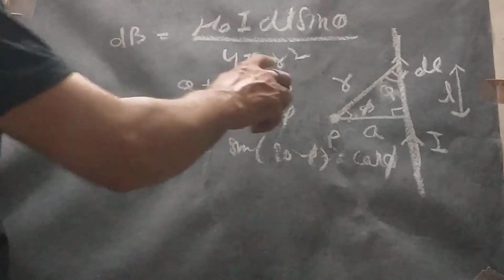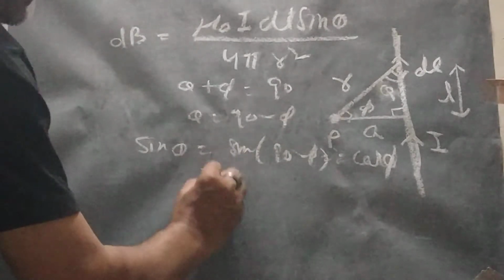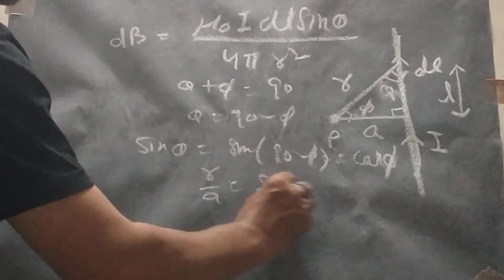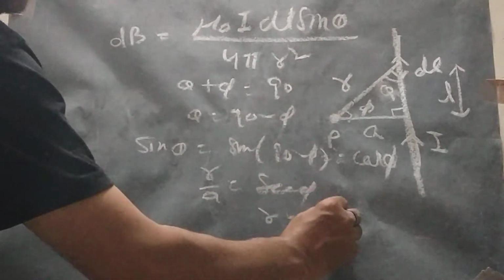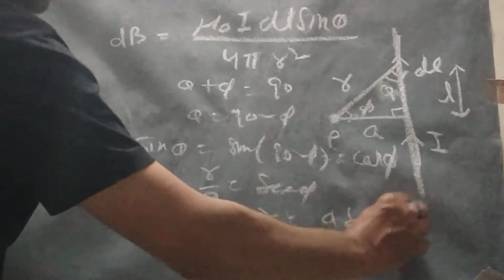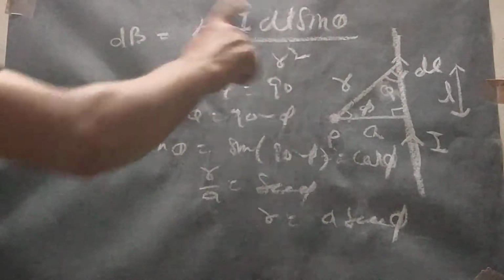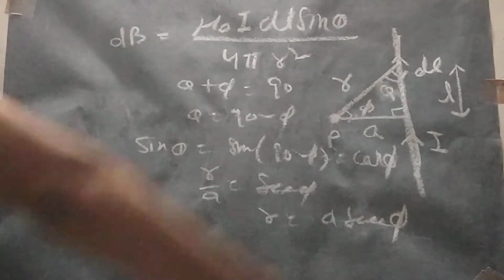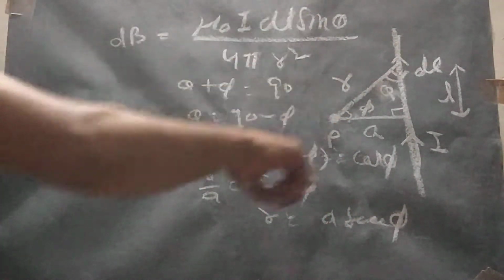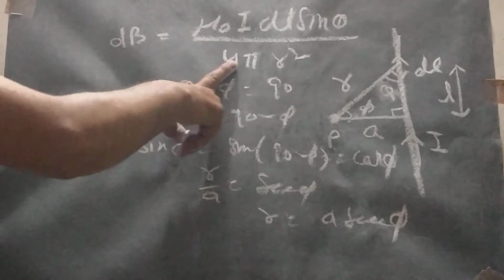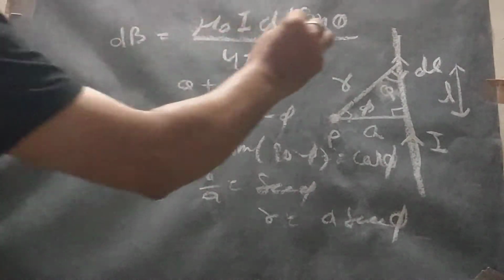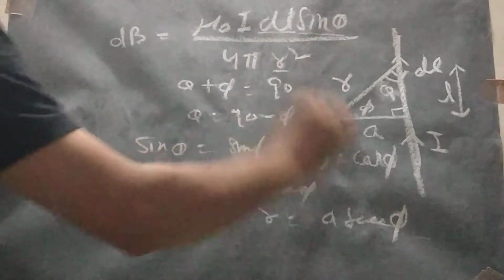The second case is r. r by a from here is secant phi. Therefore r equals a secant phi, and also we have to calculate dl, because the current is the same along this line. In the conductor the current is the same, and mu naught by 4 pi is constant. We need three things: sin theta, dl and r square.